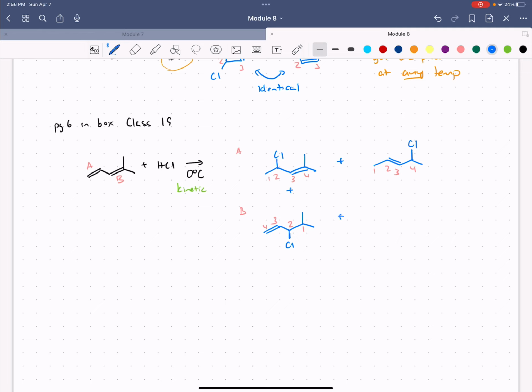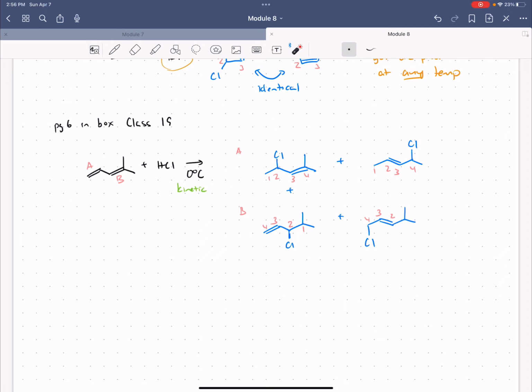And again, with the 1,4, the double bond shifts to the 2 and the 3 position. Let me draw the rest of this. The 4 position has the chlorine. I believe none of these are identical. Definitely, this is the only one with the terminal alkene. These two have them in the middle, but this chlorine's at the end. And this one has the double bond with these 2 methyl groups. None of them are identical.